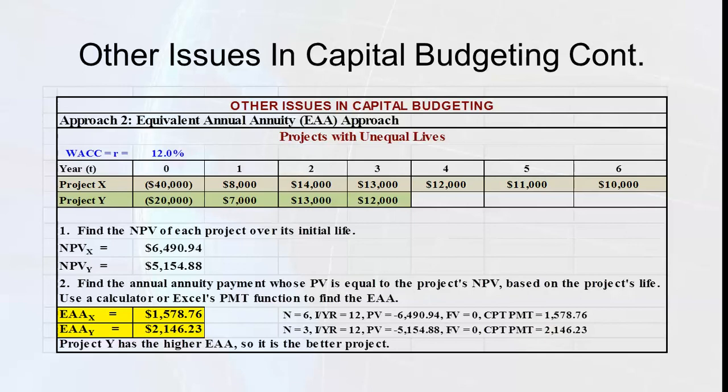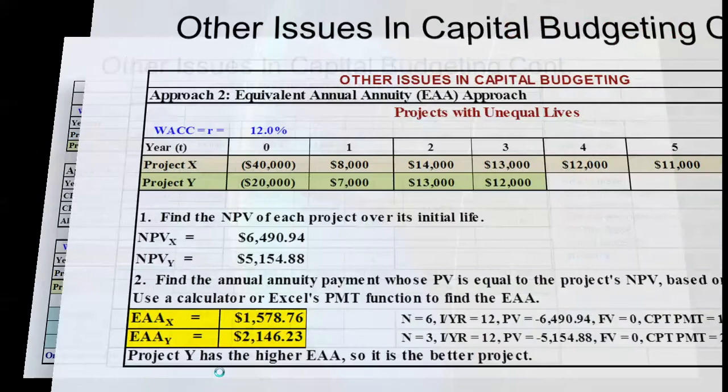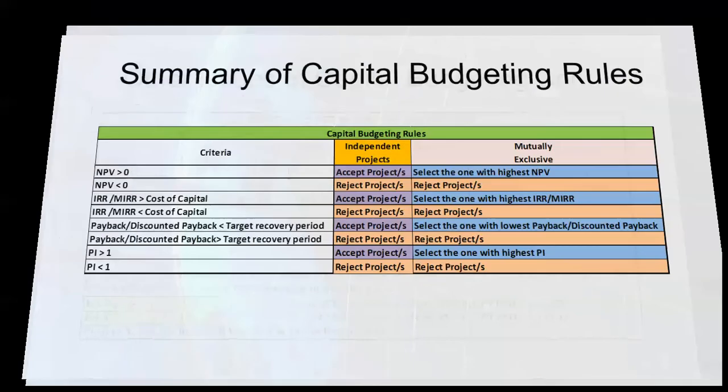Looking at the first approach again, project Y is superior. If you use this approach, again project Y is superior. So you can use one of these two approaches if the lives of the projects are not similar.